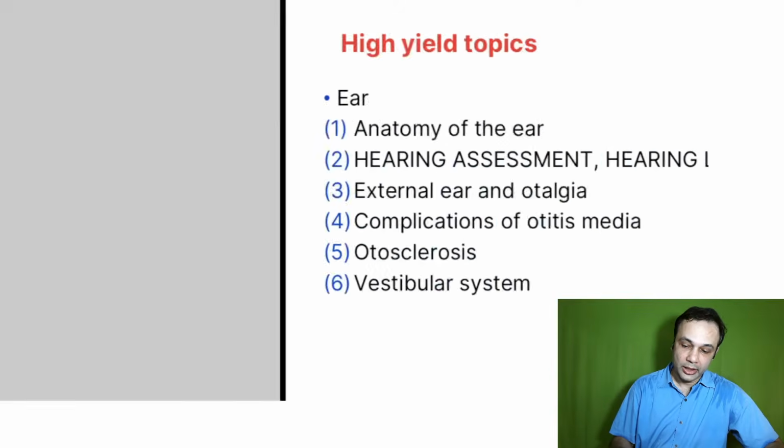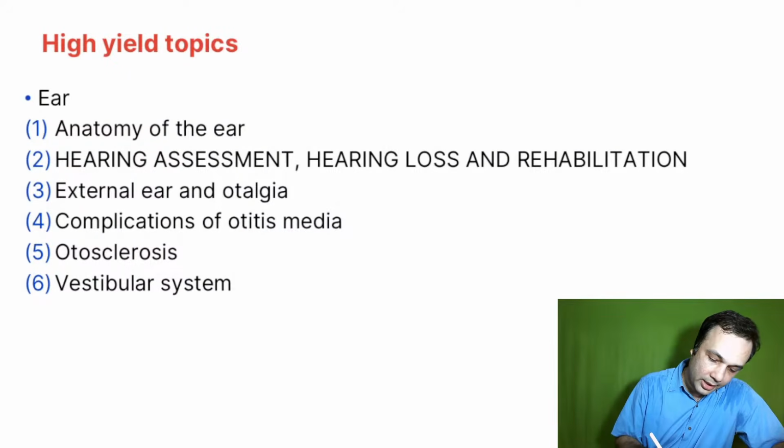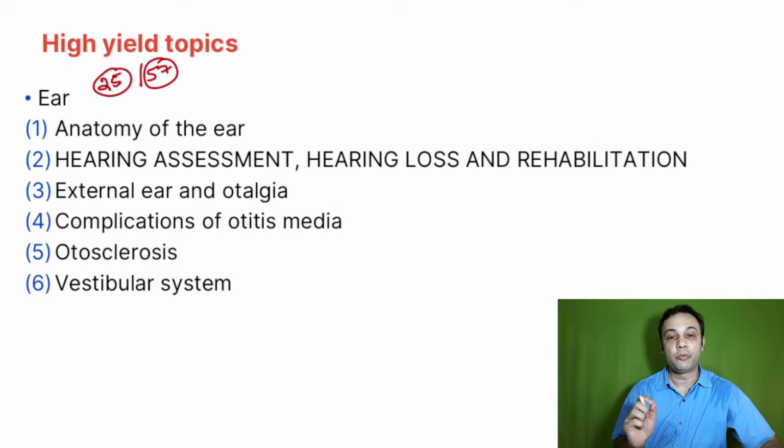So to begin with, let's discuss the high yield topics in the ear. If you look at the last 5 years of INICET, ear has been the most commonly asked topic. When I looked into it, there are approximately 25 out of 57 multiple choice questions that have been asked in INICET that are from the ear.